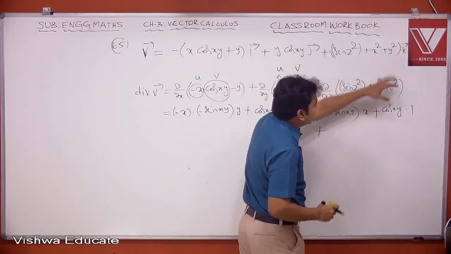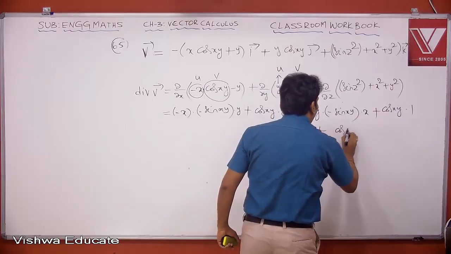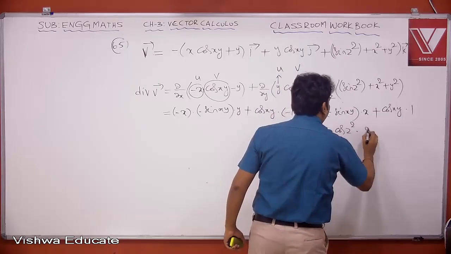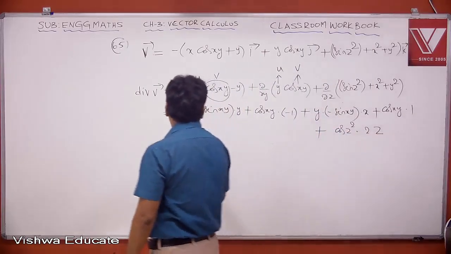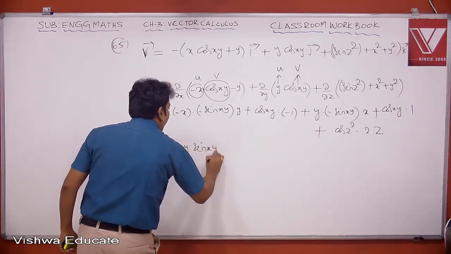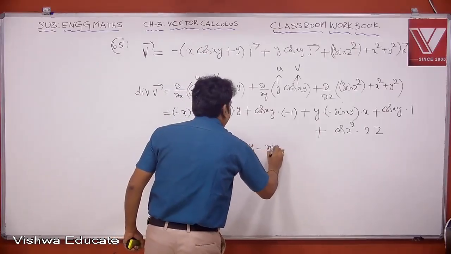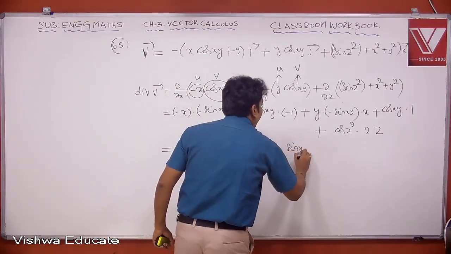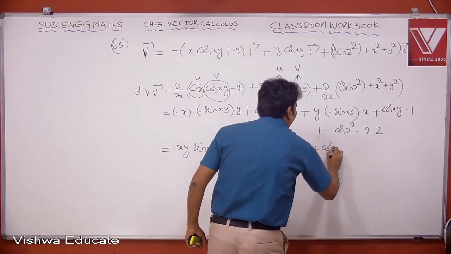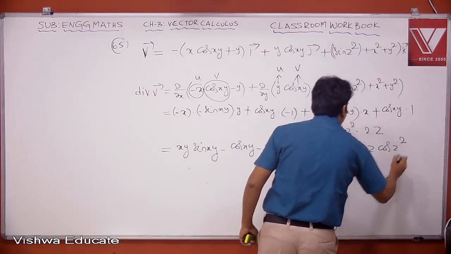Dou by dou z of this gives 0, but this is z. What is the derivative of sine z square? Cos z square into the derivative of z square, which is 2z. Now let us simplify this. This is xy into sine xy minus cos xy minus xy sine xy plus cos xy plus 2z into cos z square.